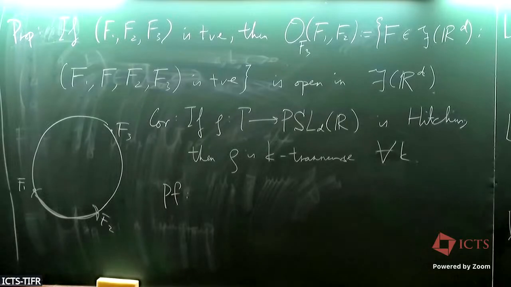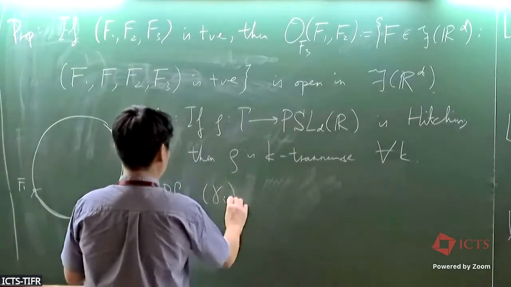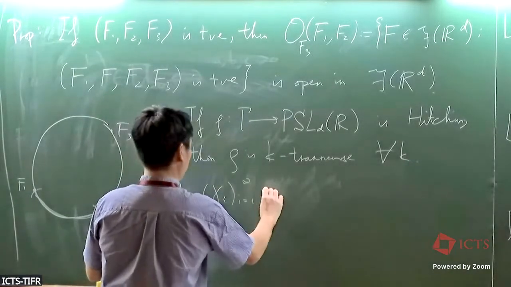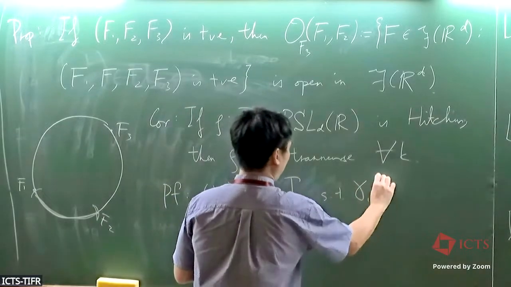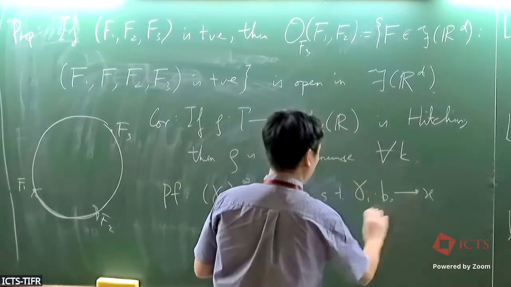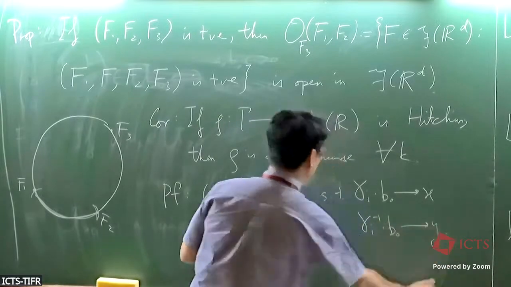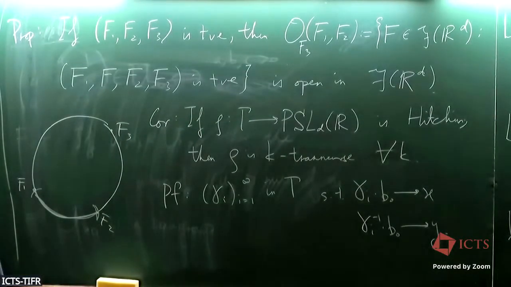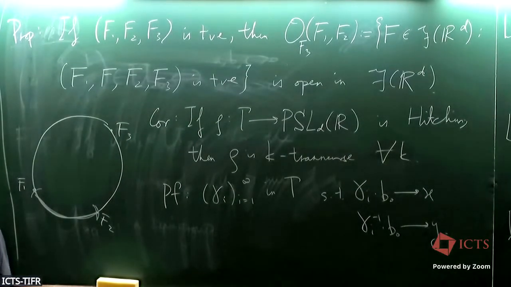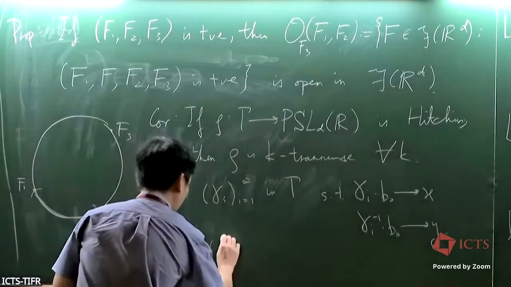So what you do is you take any sequence gamma_i such that gamma_i takes your base point B0 to x, and gamma_i inverse takes your base point B0 to y. And then I'm going to cheat a bit. I'm going to assume that x and y are distinct. In general that's not true, but you have some tricks that you can use to reduce to that case. I'm going to skip that part. So suppose x is not equal to y.